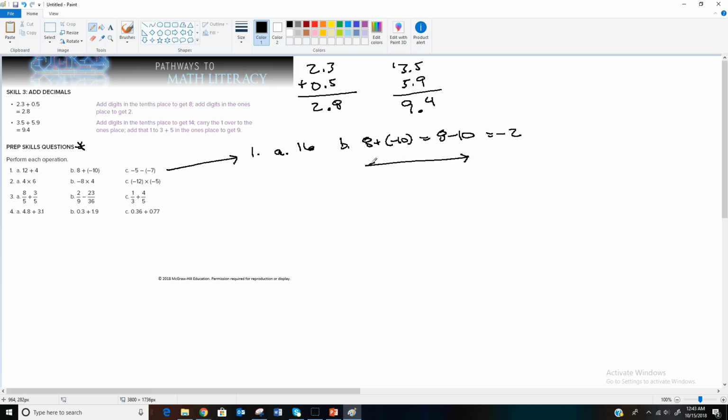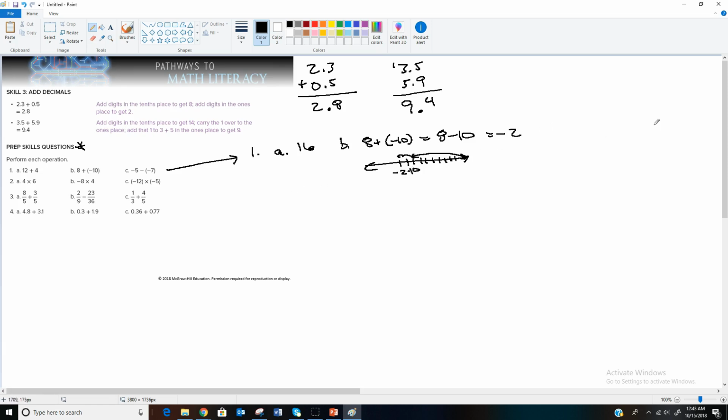If you want to think of it on a number line, we're going to start at 8 and we're going to subtract 10. So we're going to subtract 8 and then 9, 10. So we're at -2.